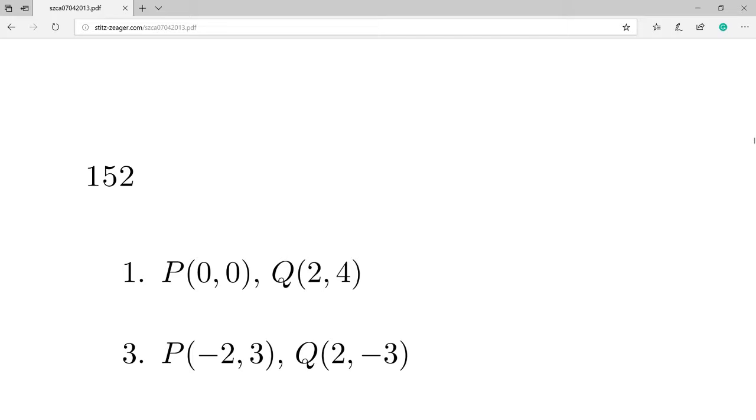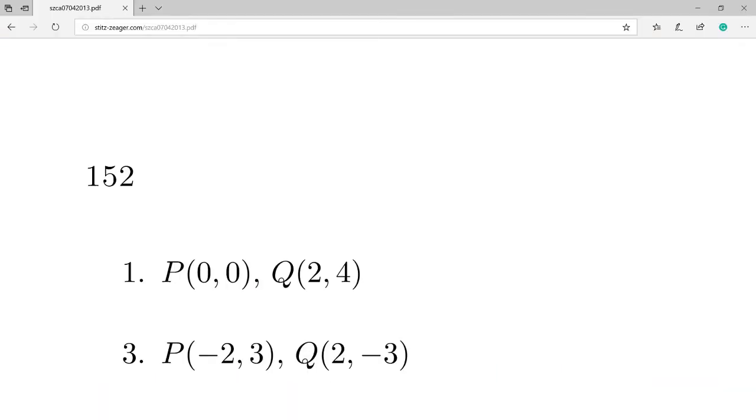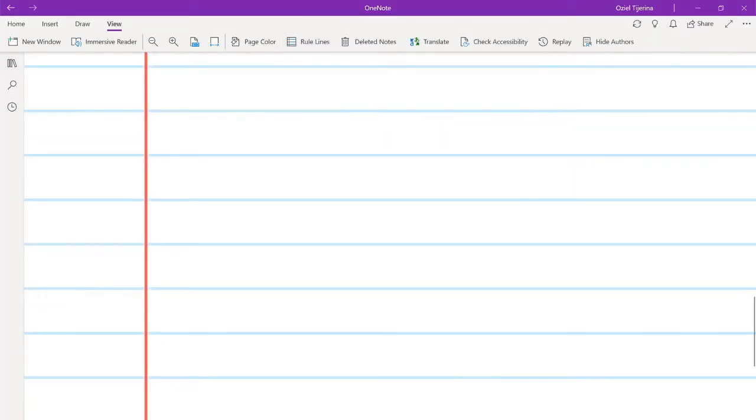Let's say that we have 0, 0, and then 2, 4, and we want to find the slope of those. One of the things that you need to learn is the slope between 2 points.